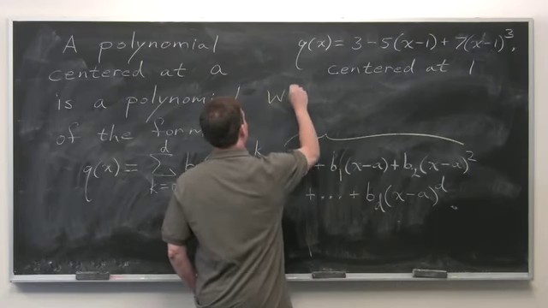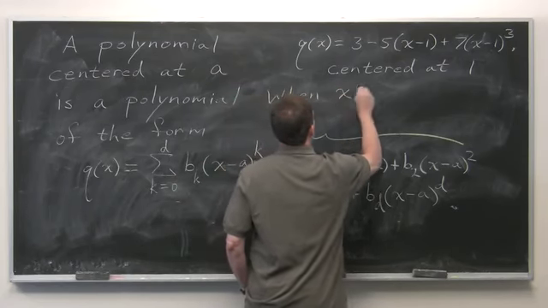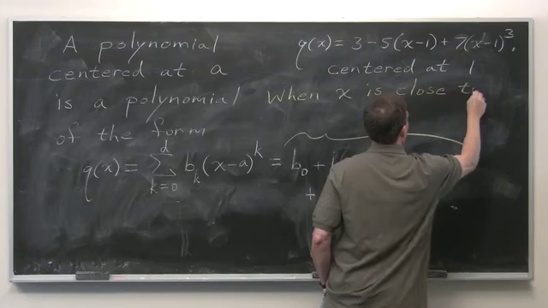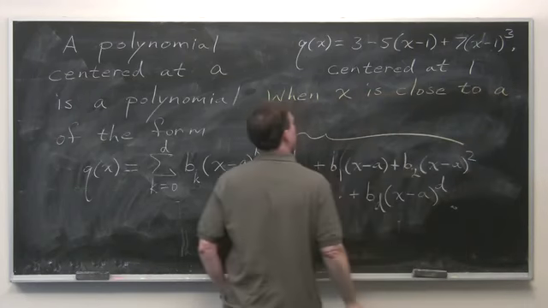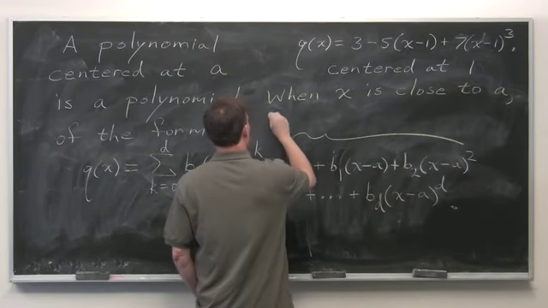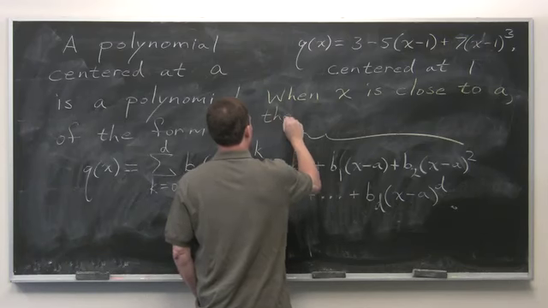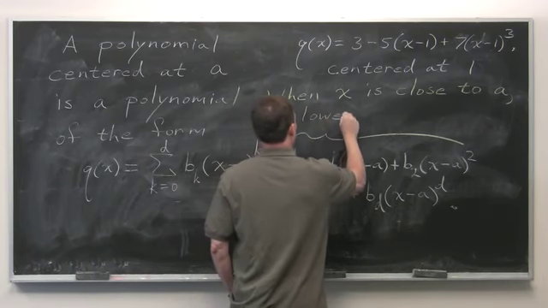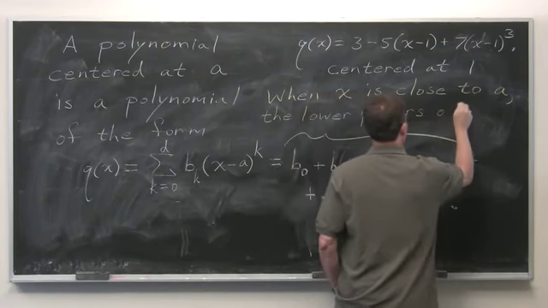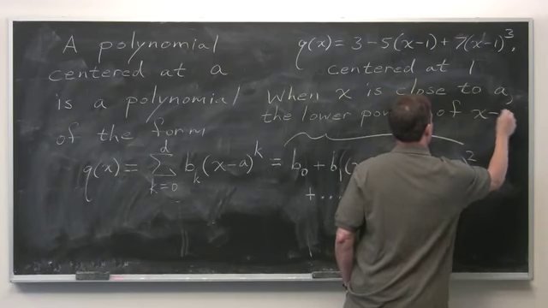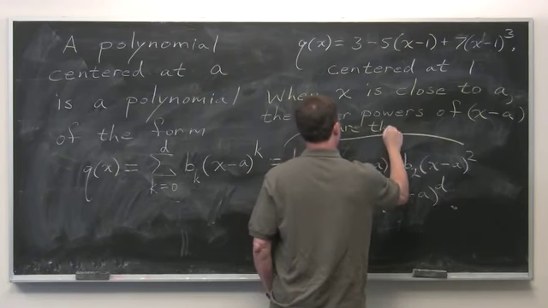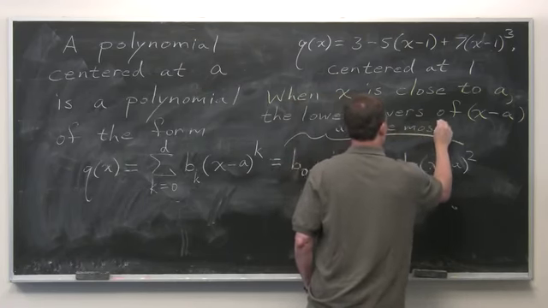So when x is close to a, the lower powers of x minus a are the important ones, the most significant.